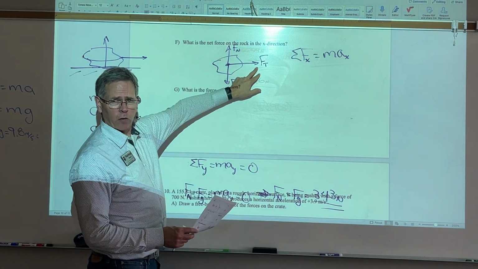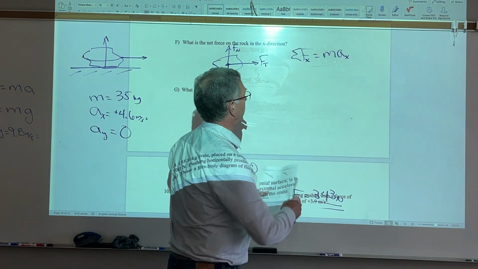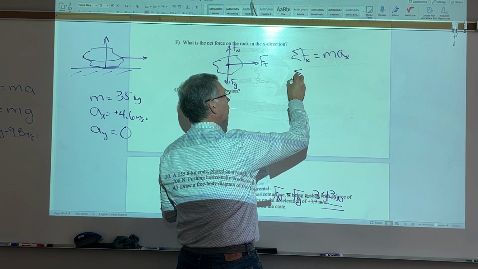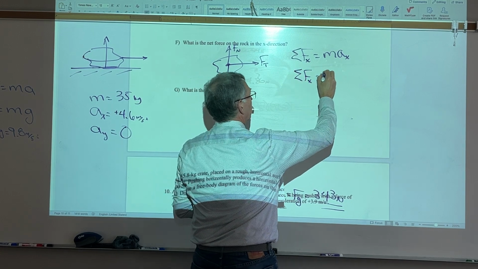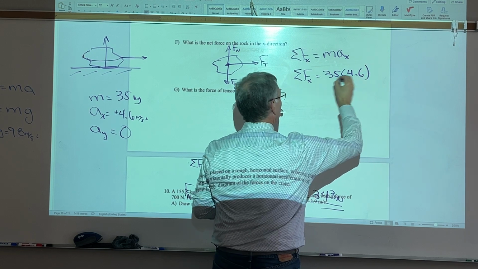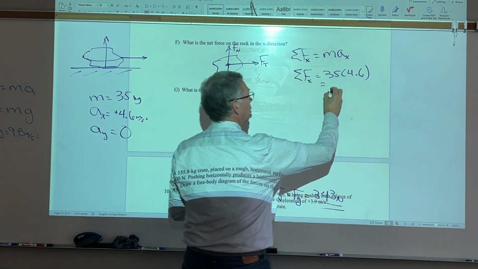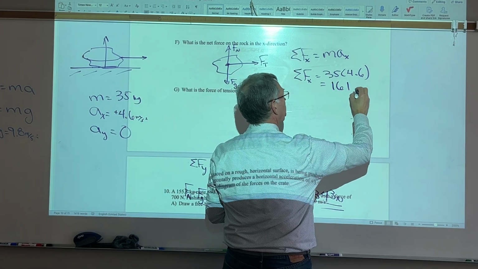Do we know that numerical value? No, so we have to use the right-hand side to find my net force. So you've got to do 35 times 4.6. And that equals 161. Smart guy over there.